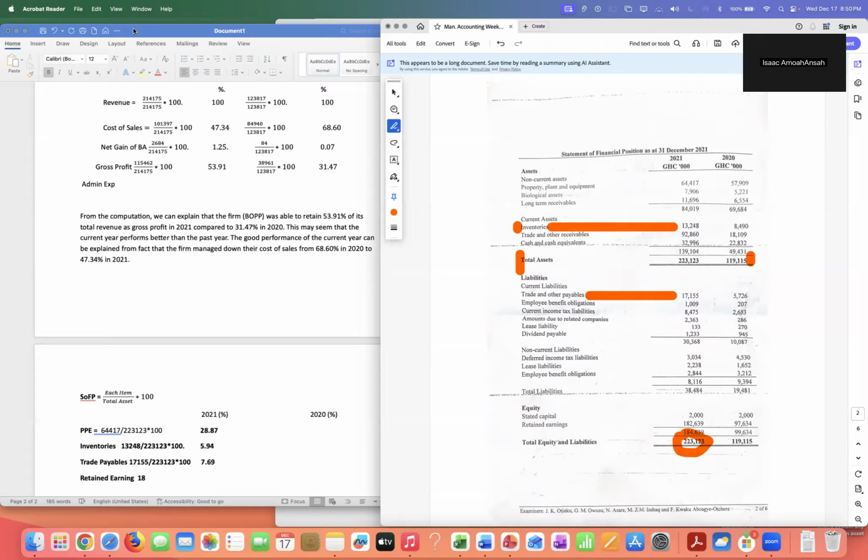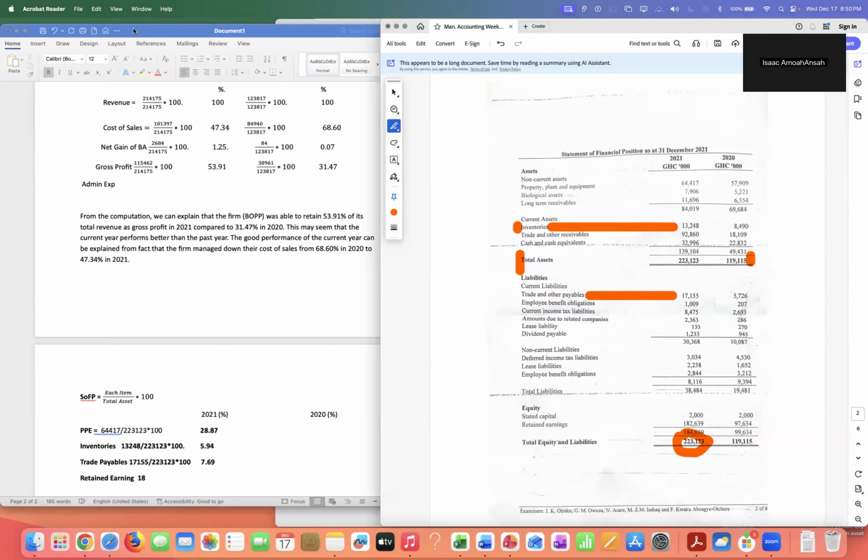We want to know the contribution of things that you bought on credit, that's the trade and other payables. How much is it contributing to your total assets? If you want to quantify it in percentages, how much is it?